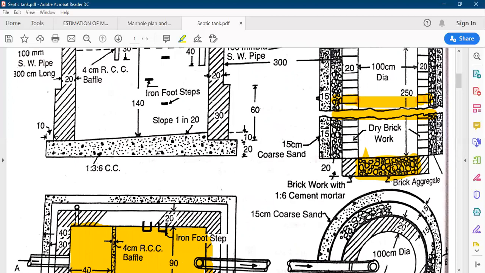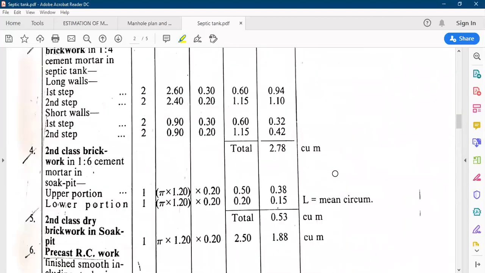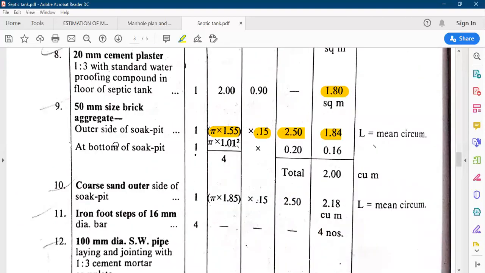Pi by 4 multiplied by 1.01 square gives the area, multiplied by the thickness of the brick aggregate at the bottom, which is 20 centimeter, that is 0.2 meter. So the total quantity is 0.16 cubic meter.